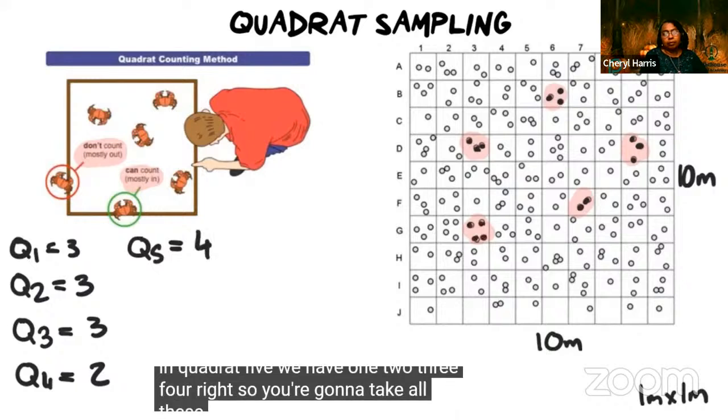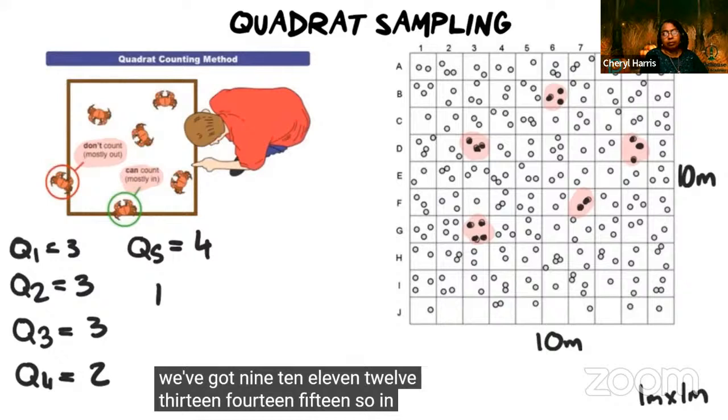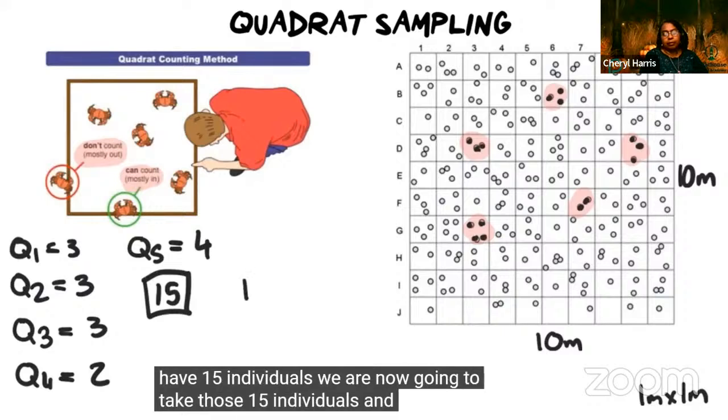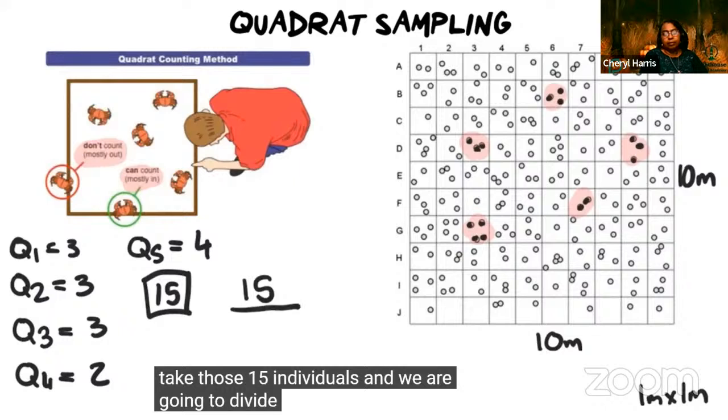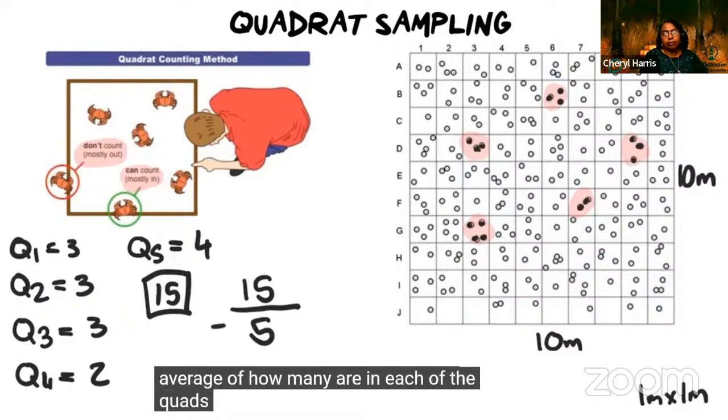So you're going to take all these individuals and add them to get a total. In total, we have 15 individuals. We are now going to divide those 15 individuals by 5 to get an average of how many are in each of the quads, and that gives us 3.